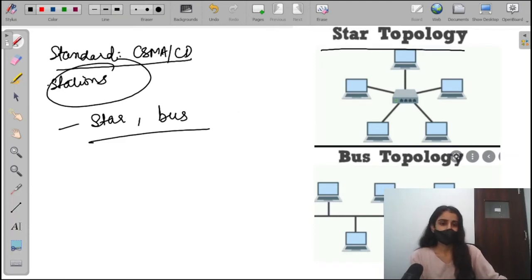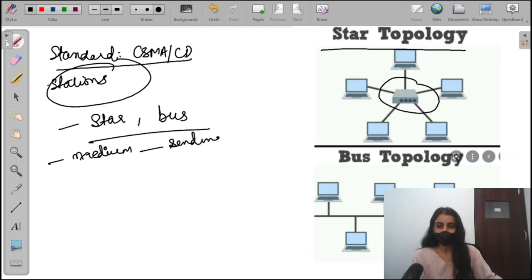This is the star topology, where there is one main station and all other stations are connected to it. And this is the bus topology. In this, there is a medium which is sending the packets or frames, and there are other stations which are getting it.